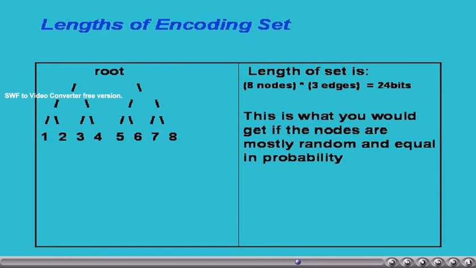If the probabilities of symbols are the same, equal, then the tree may look like a complete binary tree.